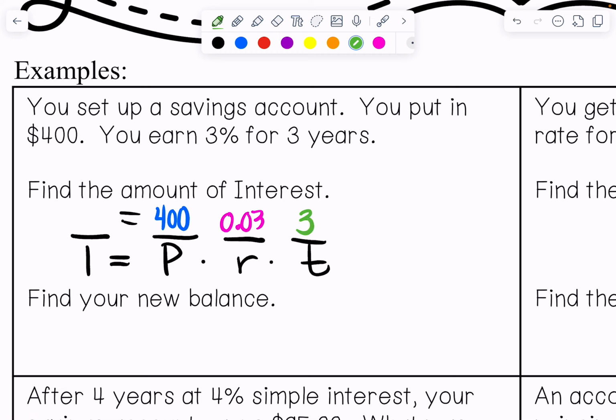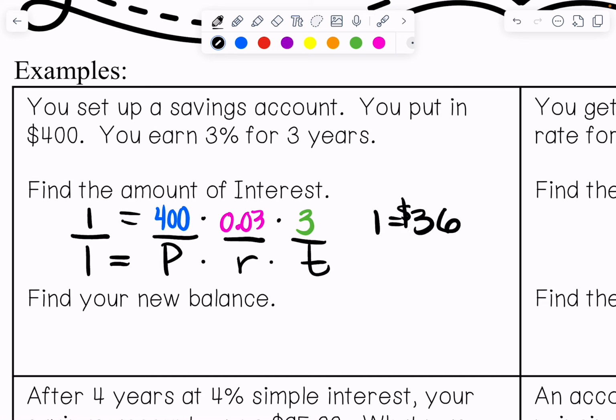Again, we're multiplying the principal times the rate times the time. When I multiply those, I'm going to get 36. So my interest is going to equal $36.